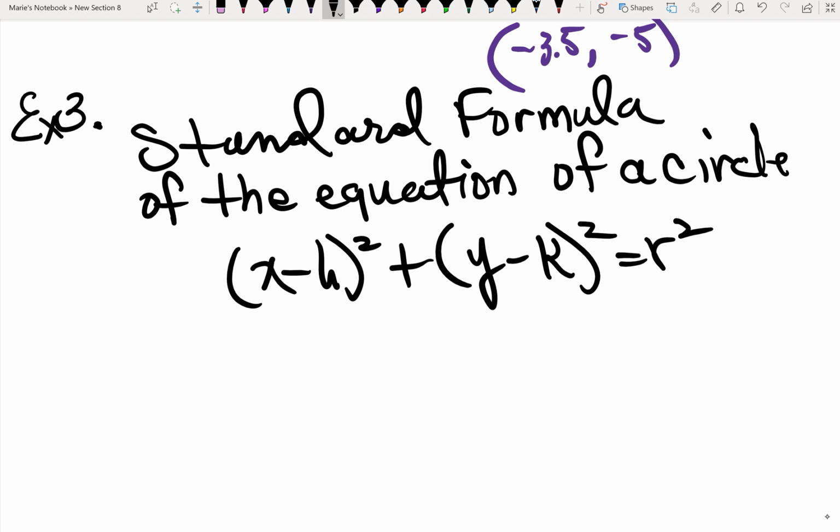So in example 3, the question says write the standard form. Oh my goodness, hang on a second. I'm talking and writing the same thing. Hang on.